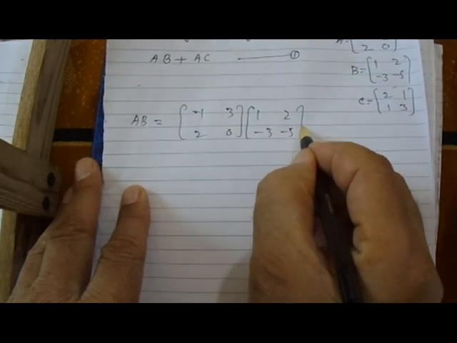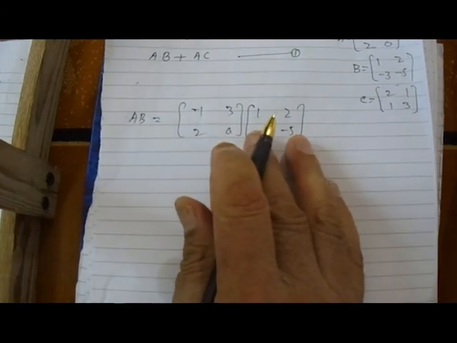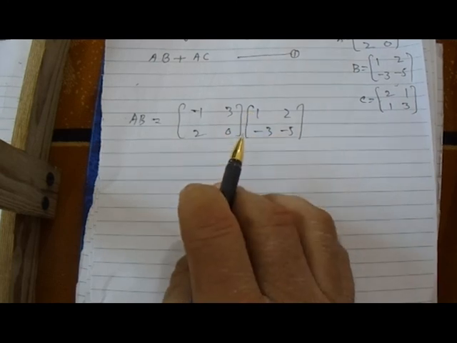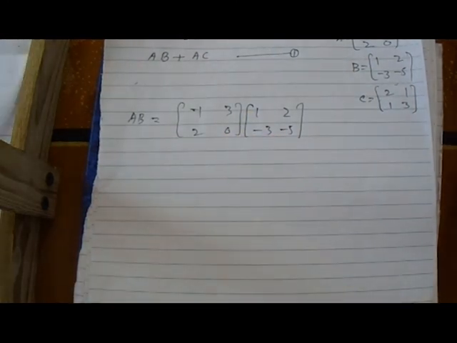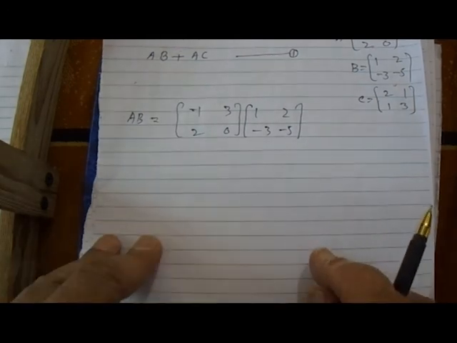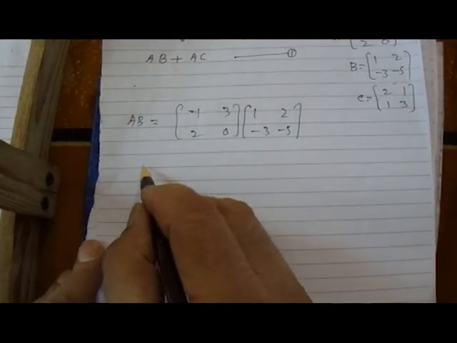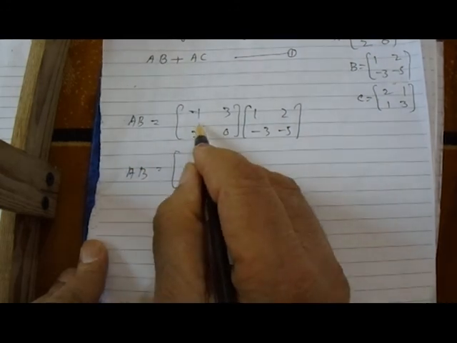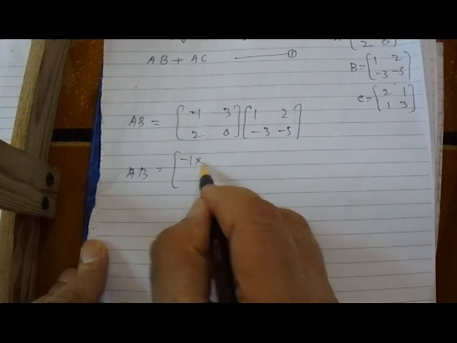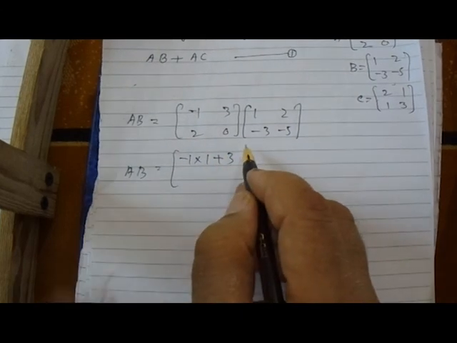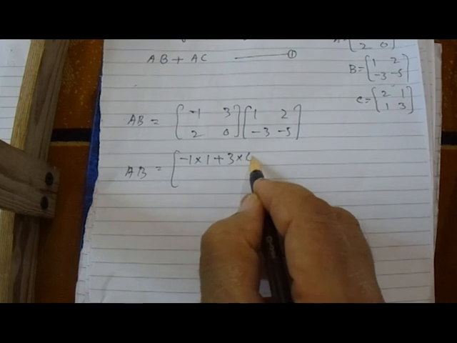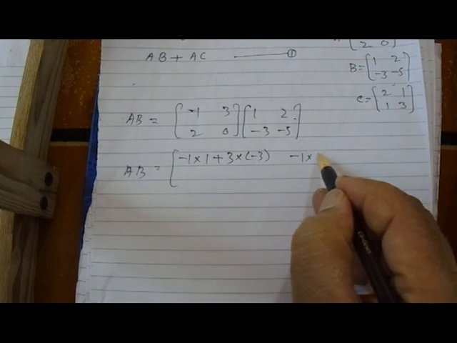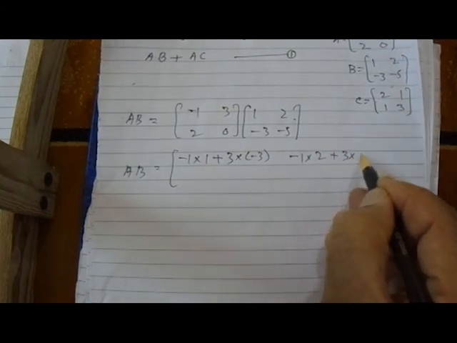Here we multiply the first row, minus 1 and 3, by the columns of B. AB is equal to: minus 1 multiplied by 1 plus 3 multiplied by minus 3; again minus 1 multiplied by 2 and plus 3 multiplied by minus 5.